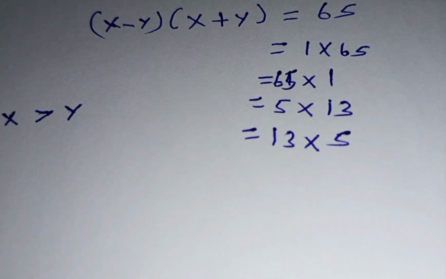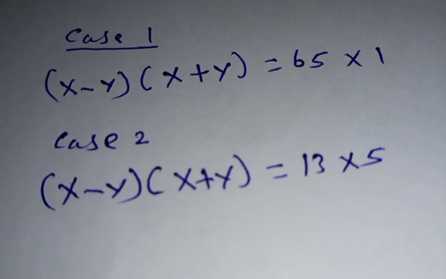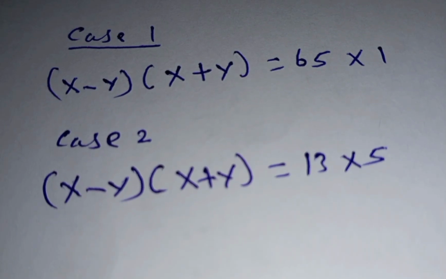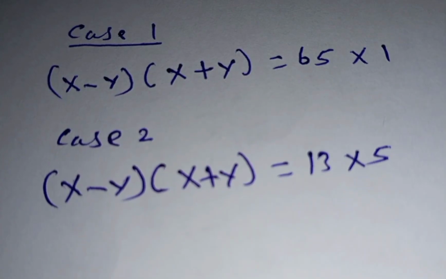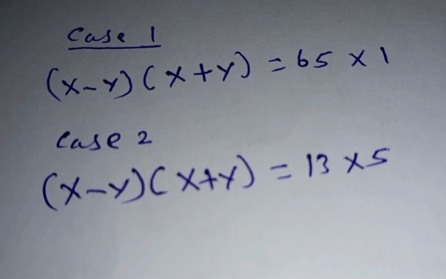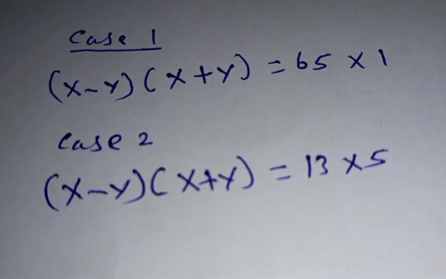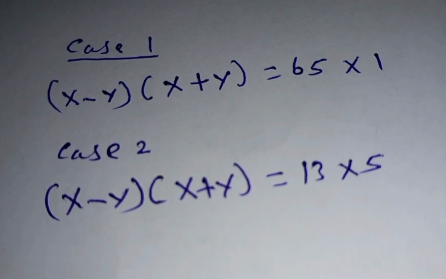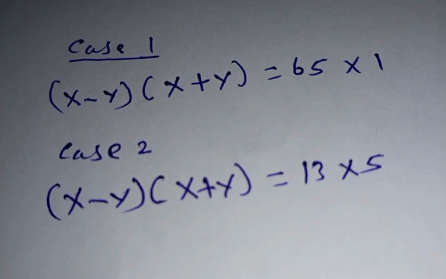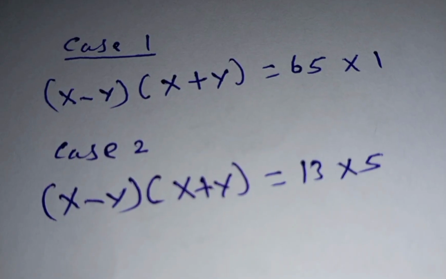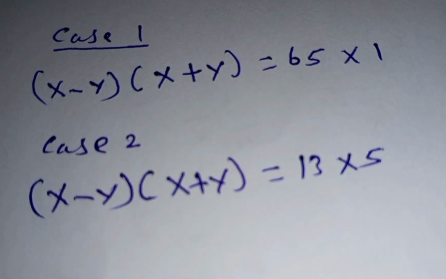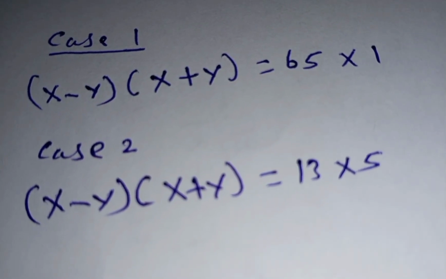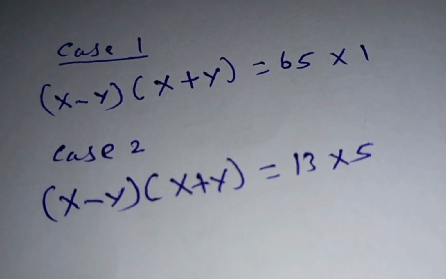So the two cases are (x minus y) multiplied by (x plus y) being equal to 65 multiplied by 1, and in case 2, (x minus y) multiplied by (x plus y) being equal to 13 multiplied by 5. So we begin by considering case 1.